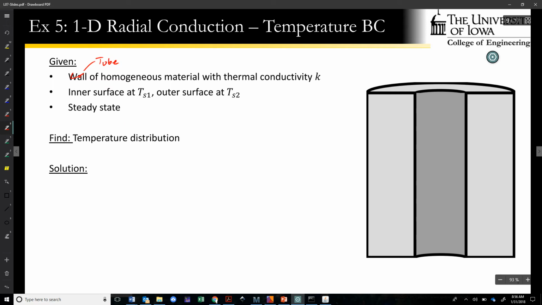So homogeneous material with constant k. The inner surface is at some uniform Ts1, the outer surface at Ts2. It's at steady state, and again, it's implied that T varies only as a function of the radial position. So it's one-dimensional.